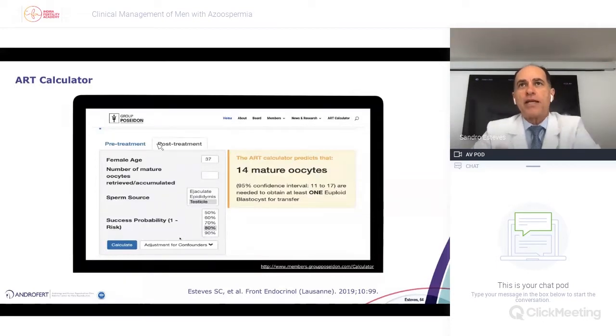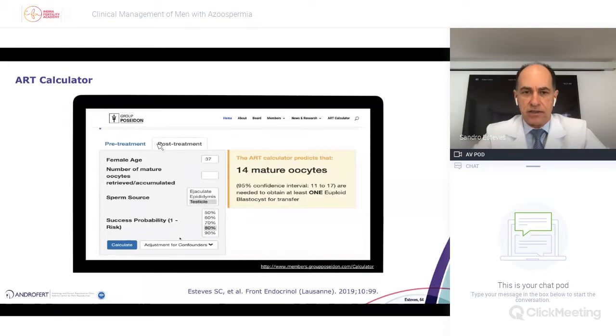But you know that transferring euploid blastocysts will result in an implantation rate of around 50 to 60%. So having at least one euploid blastocyst will offer the patient the opportunity to achieve a live birth in 50, 60% of cases.